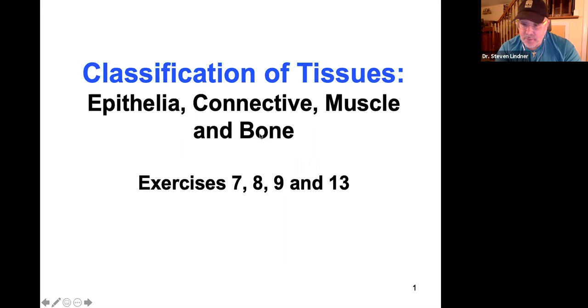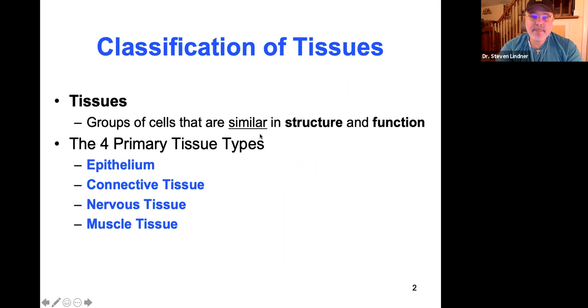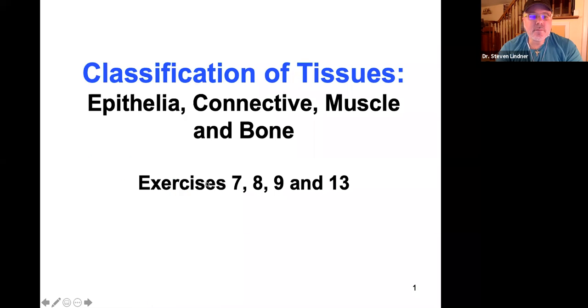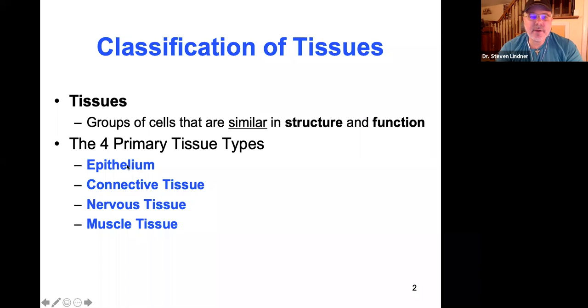Let's change bone to nerve. Okay. So here you'll see we have epithelium, connective, neural tissue, and muscle tissue. And of these four, epithelium and connective take a little bit more time to cover. There's a lot of categories under each, but neural and muscle is a lot easier.